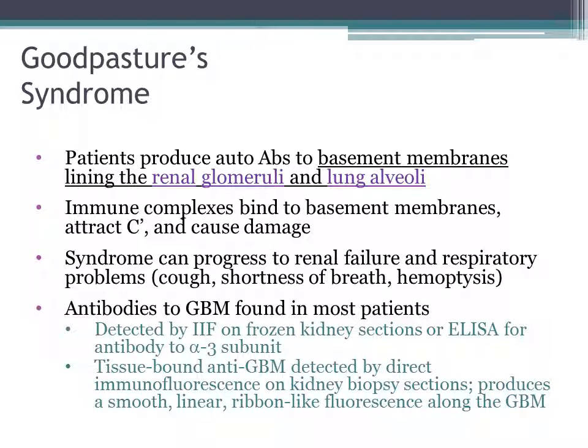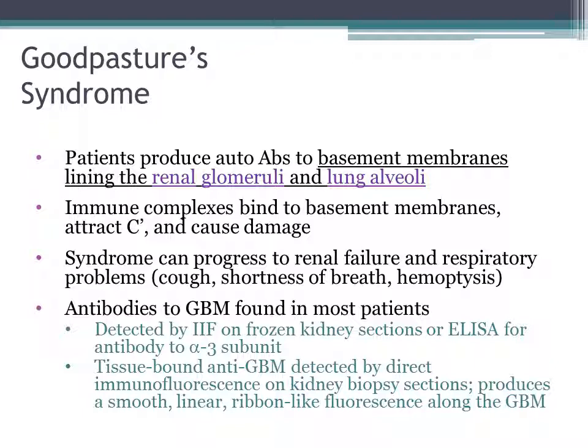Goodpasture syndrome is an autoimmune disorder in which patients produce autoantibodies to the basement membranes lining the renal glomeruli and the lungs. These antibodies that bind lead to the formation of the immune complexes that then attract complement, and then we end up with a type 2 hypersensitivity reaction.